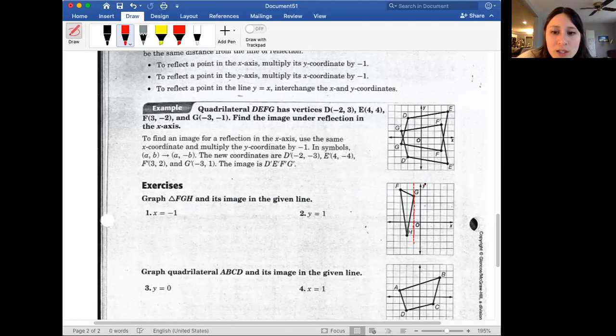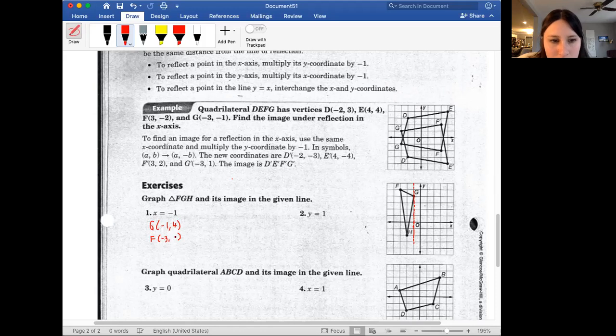I mean, you could definitely say I've got G, which is at negative 1, 4. And then I have F at 3, negative 3.